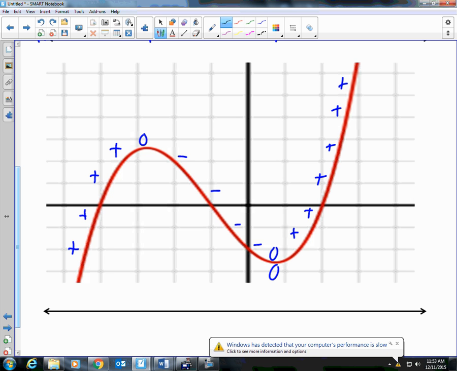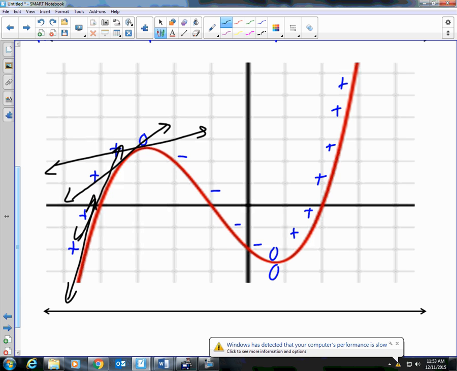I will represent the derivative by drawing tangent lines. Is the derivative positive or negative? If you want, is the derivative positive or negative? Is the derivative positive or negative? Okay. We already knew that the derivative was positive, correct?